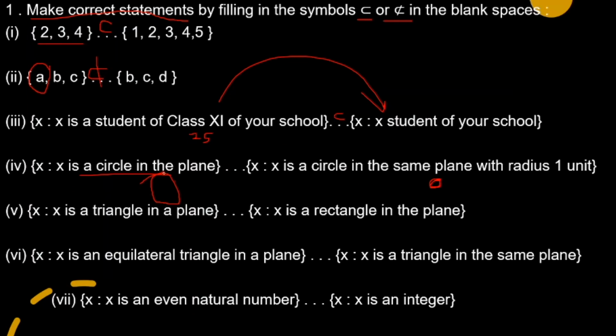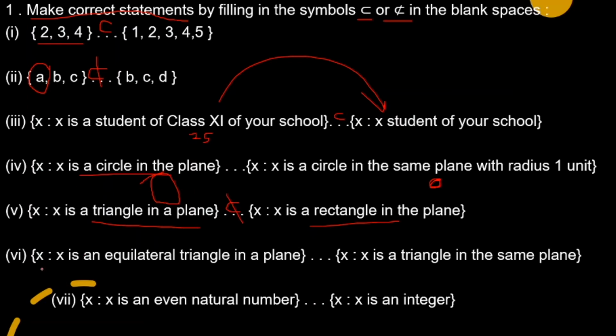If it were the other way around, we could say subset, but this is not a subset, right? Next, {X such that X is a triangle in a plane} and {X such that X is a rectangle in a plane}. Obviously a triangle won't belong to rectangles, so not a subset.